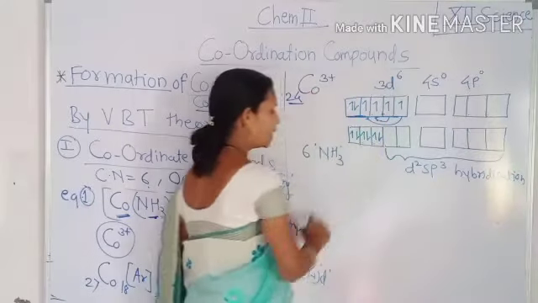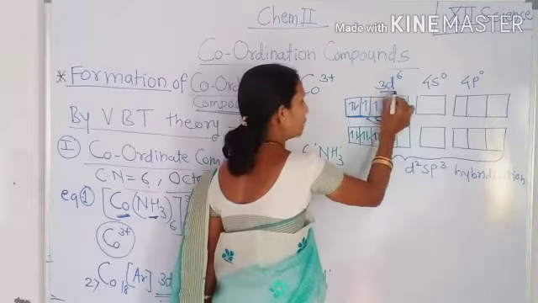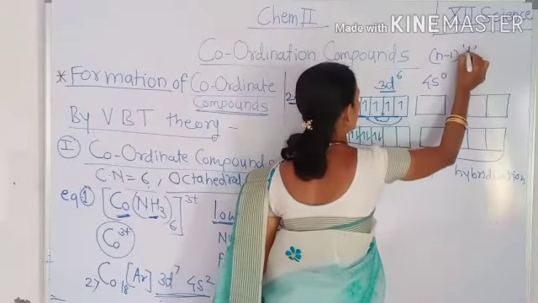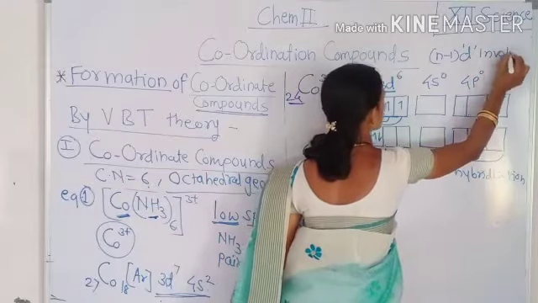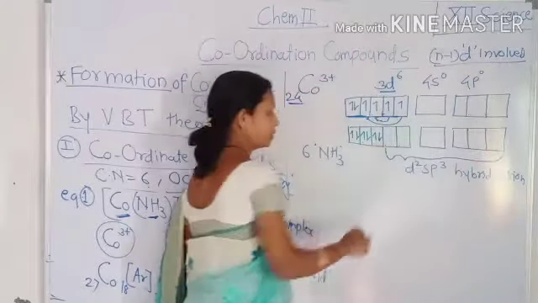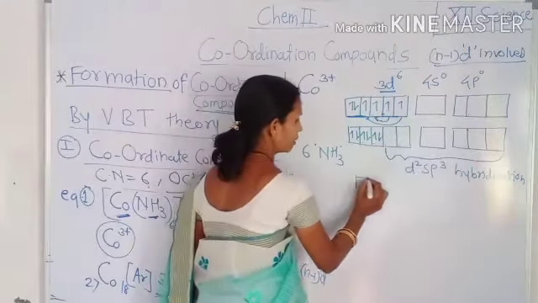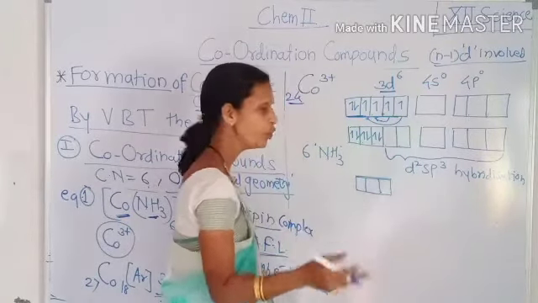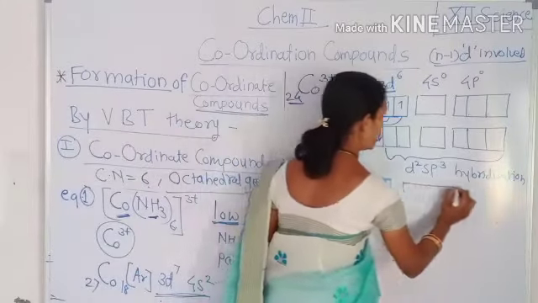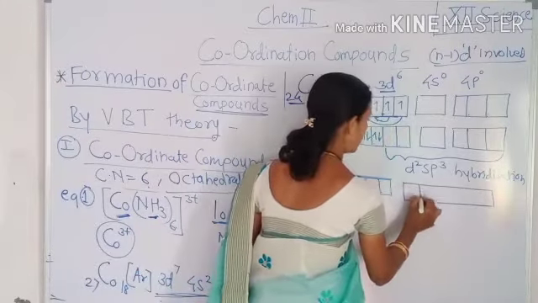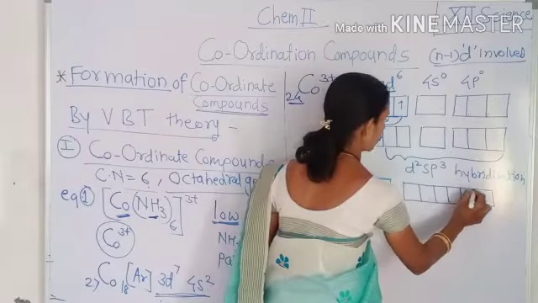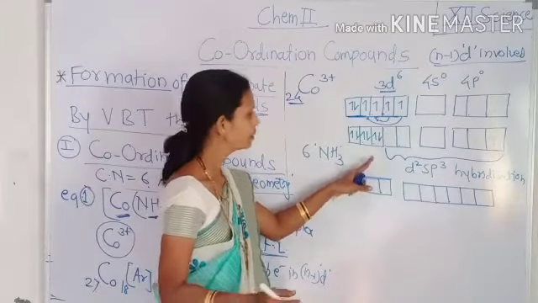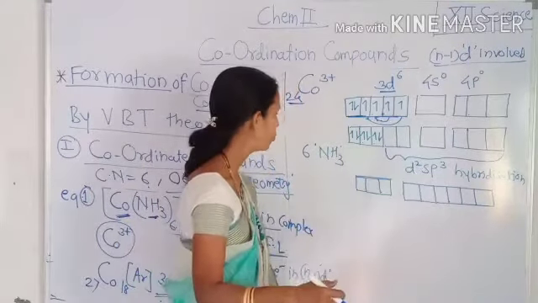Here in the hybridization, the (n-1)d orbital is involved, and the 6 new d2sp3 hybrid orbitals are formed by the Co3+ ion before formation of the coordinate bond.